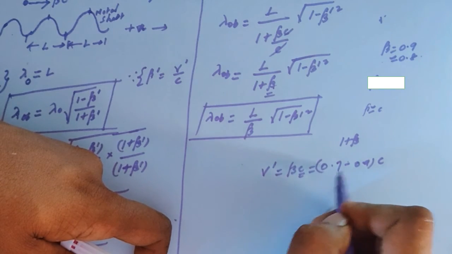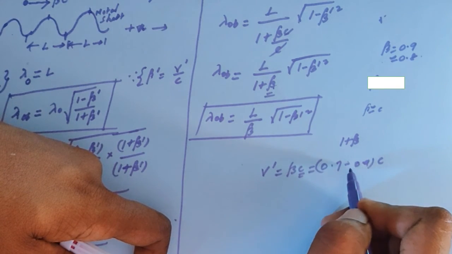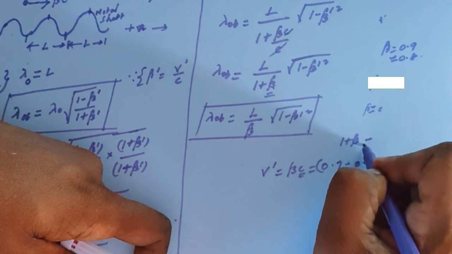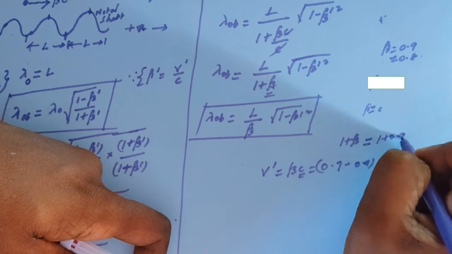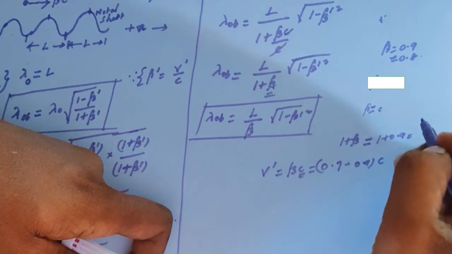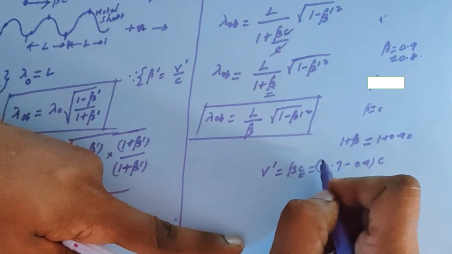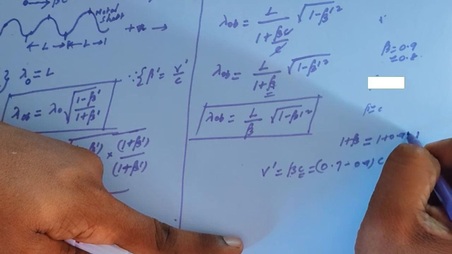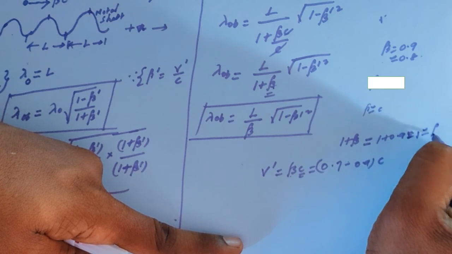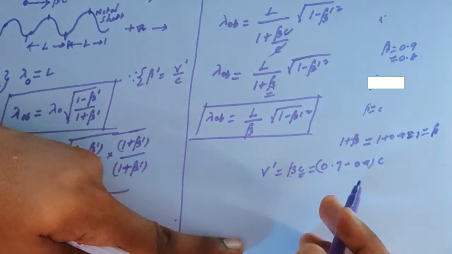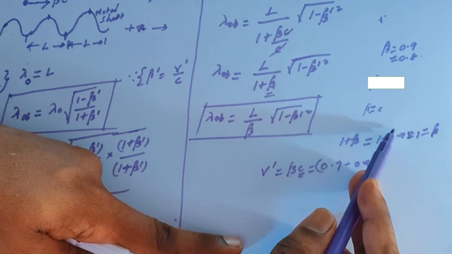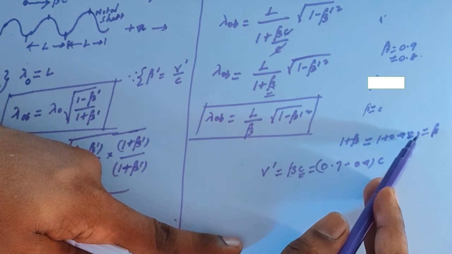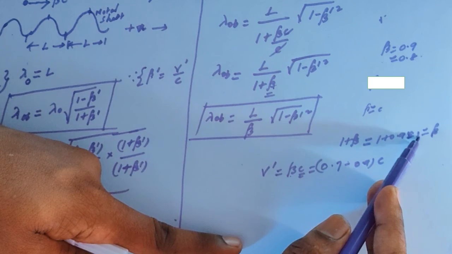From a lot of experimental observations, it's nearly equal to the velocity of light, that means 0.9c or 0.7c. So 1 plus beta, you can write as 1 plus 0.9. Beta is a fractional quantity, 0.9 or 0.8 or 0.6. It's approximately equal to 1, or you can write it as approximately equal to beta, because it's not much greater than 1 or much less than 1. It is approximately around 1. So either you can write 1 or beta.